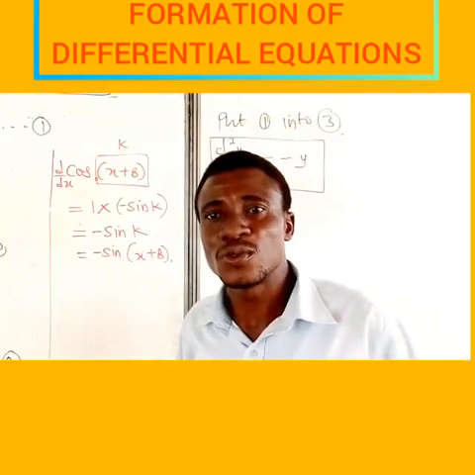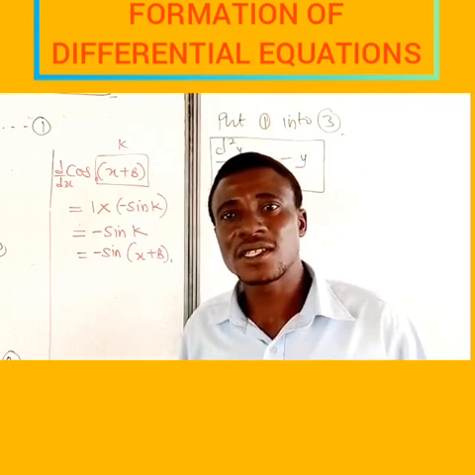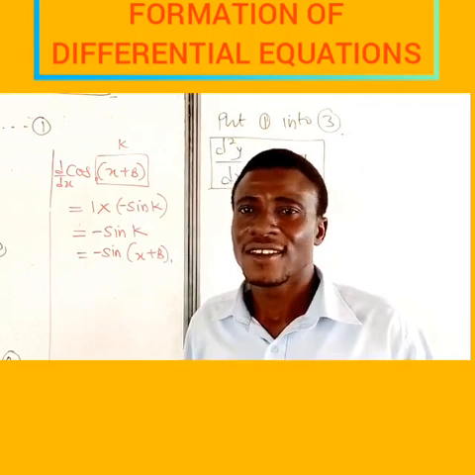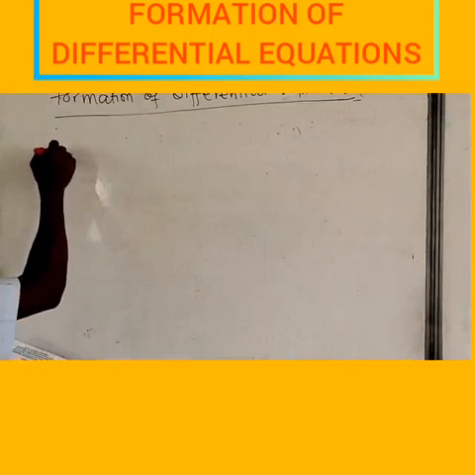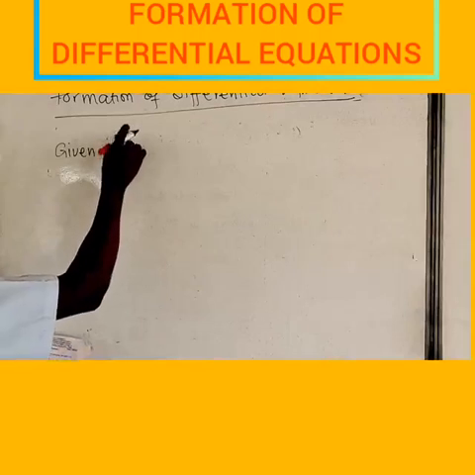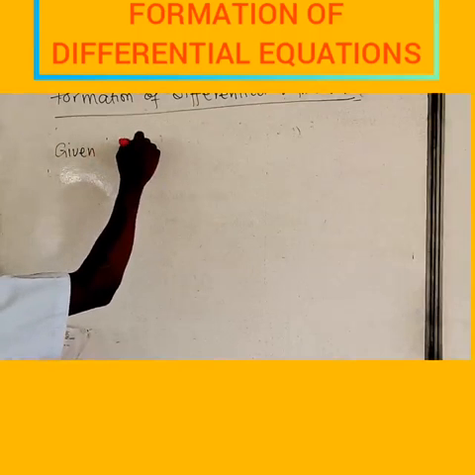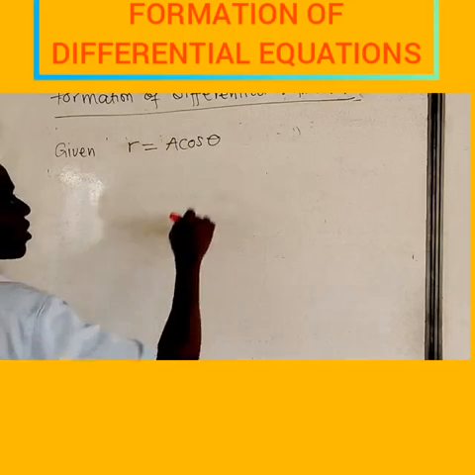All that you need to do is to be able to identify the arbitrary constants present in the given equation. It is very simple. So let's look at this example. Assuming we are given r equal to a cos theta.